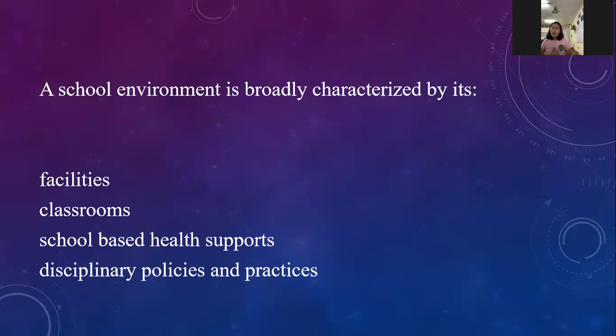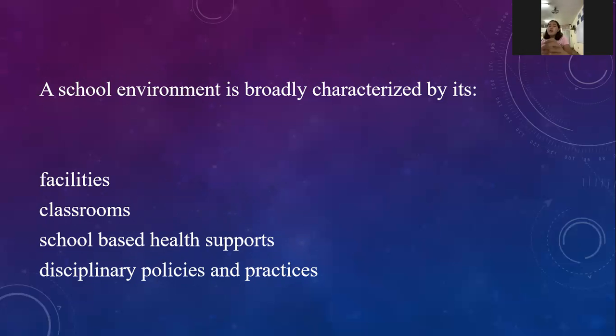A school environment is broadly characterized by its facilities, classroom, school-based health supports, disciplinary policies and practices. These are very important, since the school environment as a whole cannot be called that if one of these is missing.